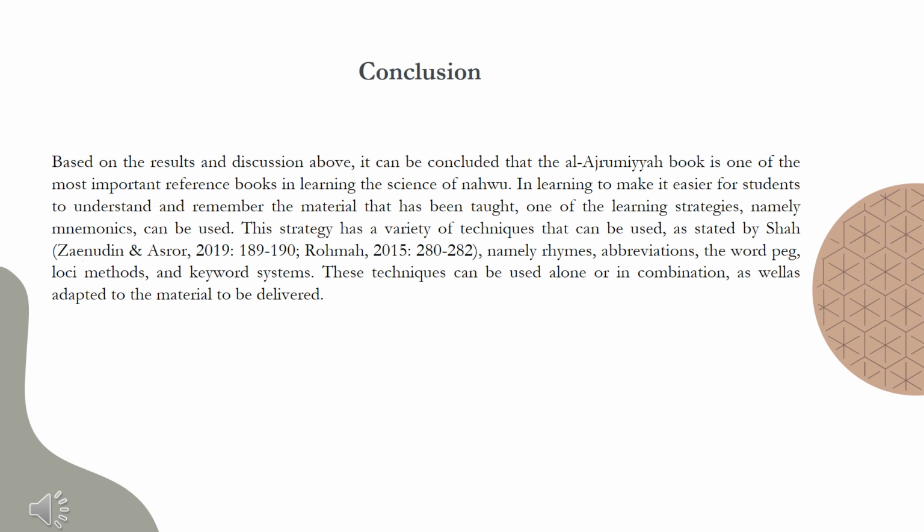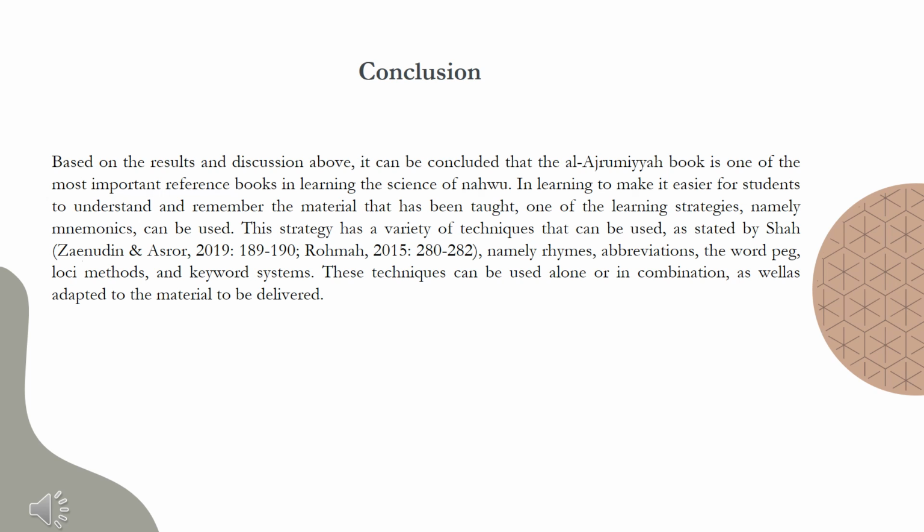And then the last, the conclusion. Based on the results and discussion above, it can be concluded that the Al-Ajrumiyah book is one of the most important reference books in learning the science of Nahu. In learning, to make it easier for students to understand and remember the materials that have been taught, one of the learning strategies, namely mnemonics, can be used.